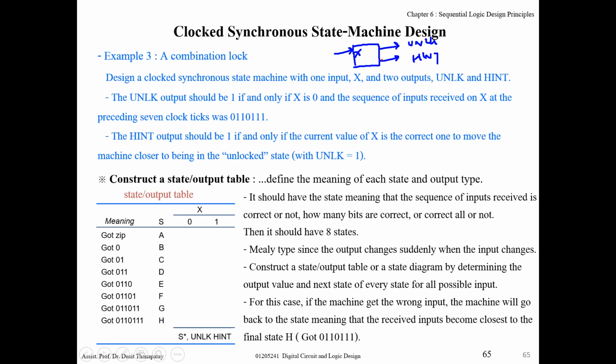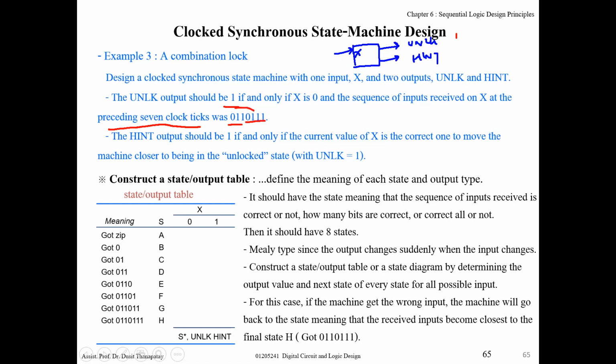Unlock will be 1 when the sequence of input X for the preceding 7 clock ticks was 0, 1, 1, 0, 1, 1, 1.